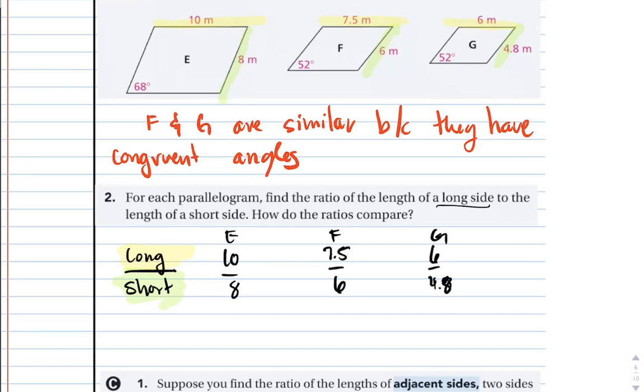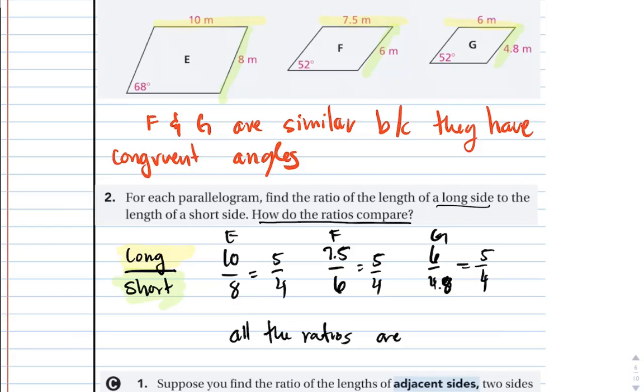And I've already reduced each one of these once before. This becomes 5/4. This becomes 5/4. And this becomes 5/4. So how do the ratios compare? All the ratios are equivalent.